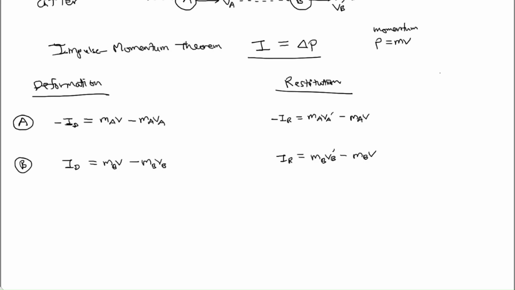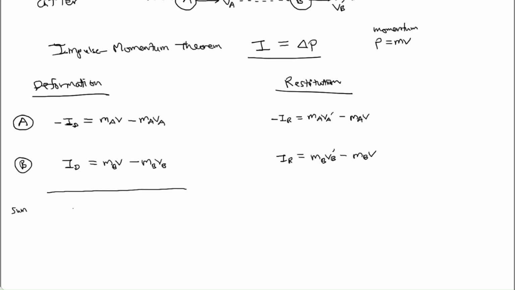All right. Now, a couple things happen here, and some of it is a little anticlimactic. But basically, this is how we arrive at conservation of momentum. If we take the sum of the two impulse equations during the deformation phase, the impulses cancel out, basically because of Newton's third law.